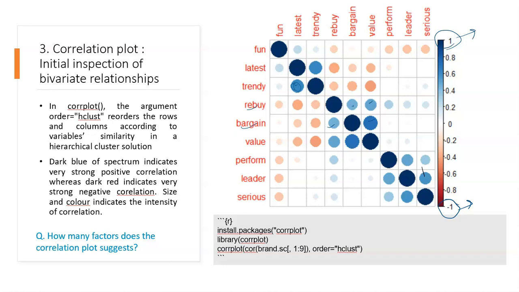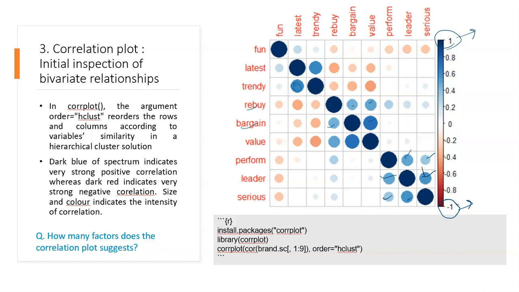So these three variables have some correlation with each other: rebuy, bargain, and value have correlation amongst themselves. And perform, leader, and serious: perform has correlation with leader and serious, and leader also has correlation with perform and serious, the same thing.